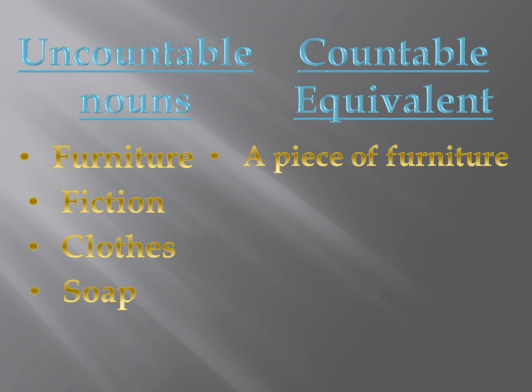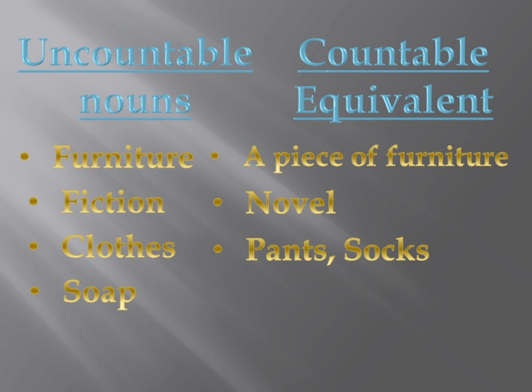Likewise, if you want to specify one single unit of fiction, you can say novel. You cannot say fictions, you can say novel. That is the countable equivalent for fiction, which is an uncountable noun. You cannot say I have 3 clothes. You can say I have 3 pants.